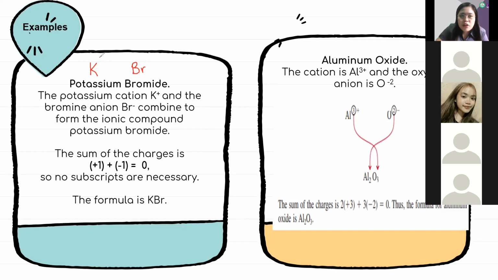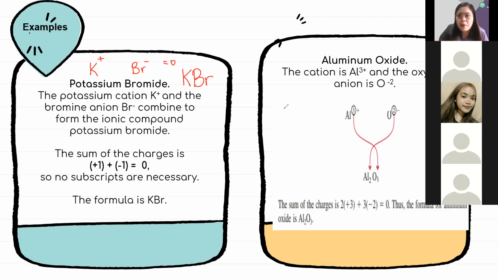So potassium belongs to group 1A, so this is positive 1 here. And bromine is found in 7A, so ang charge niya ay negative 1. So pag i-add natin sila, positive 1 plus negative 1, this is equal to 0. So for the chemical formula, i-combine lang natin the K and the Br. So this is now the correct formula of potassium bromide.